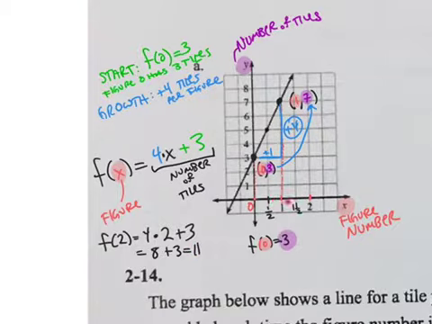And if we trace over to figure 2 and up, we can see we're going from 7, 8, 9, 10, 11. So right on that line, we should hit the point 2, 11. So our equation should give us a really good picture of what this line does, and any figure number we want, we can figure out the number of tiles by using this function equation, which we wrote by looking at the graph.